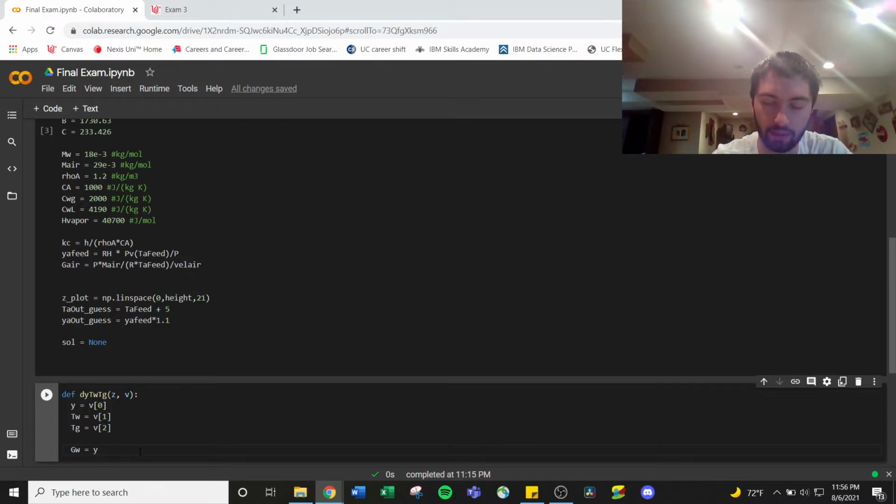This is going to be y divided by 1 minus the y that's fed into this function, actually. So then we're going to multiply by the gas flow rate of the air and multiply by the molecular weight of water divided by the molecular weight of air.